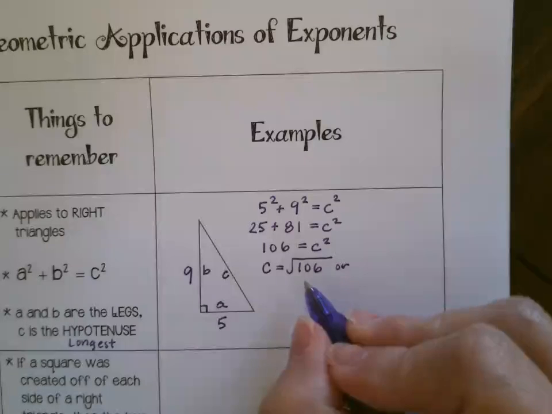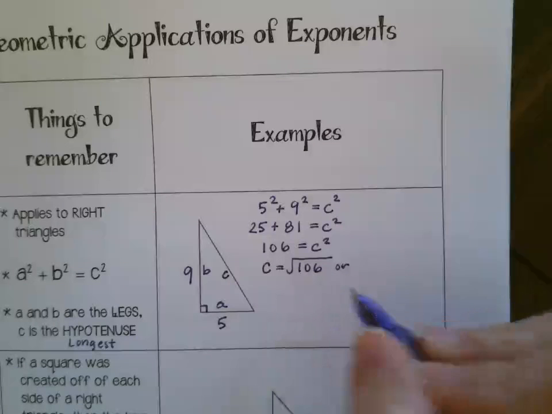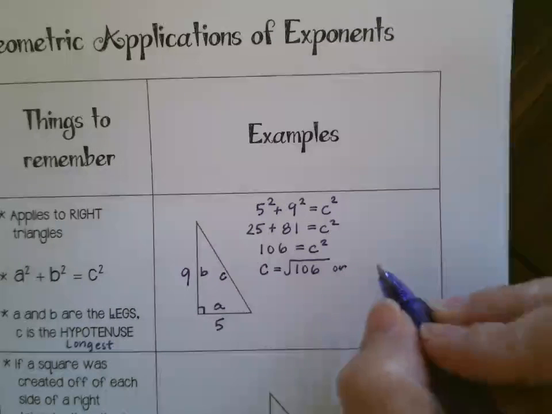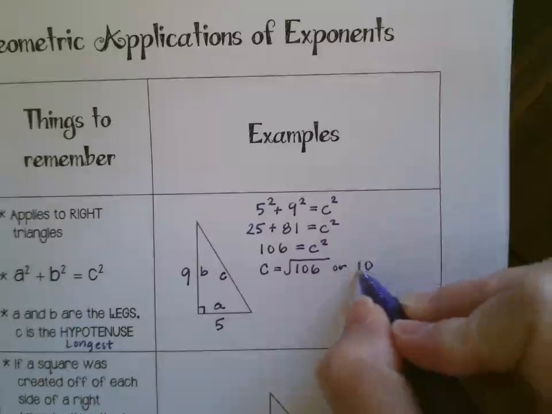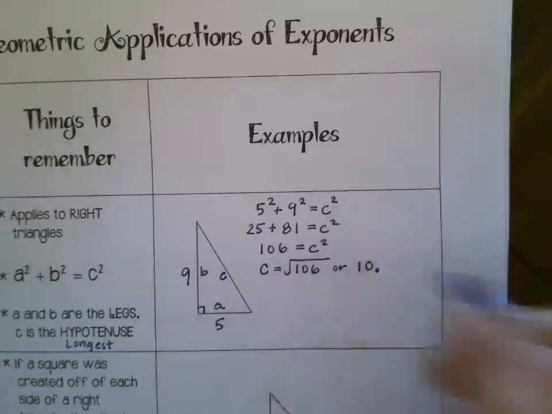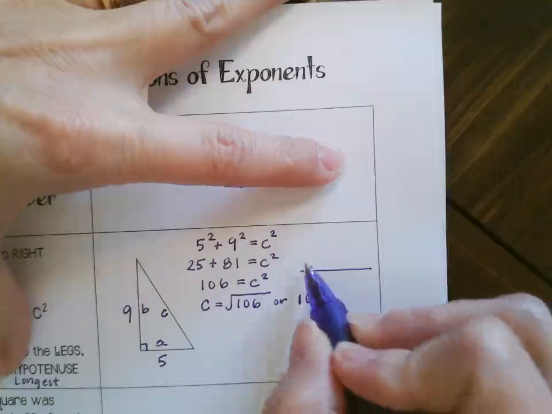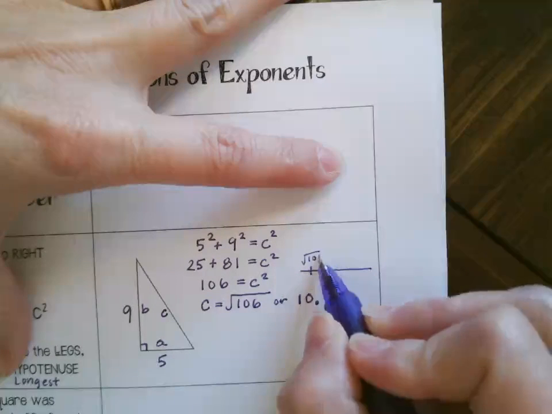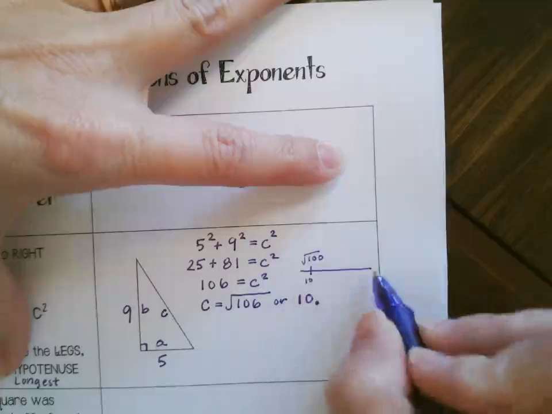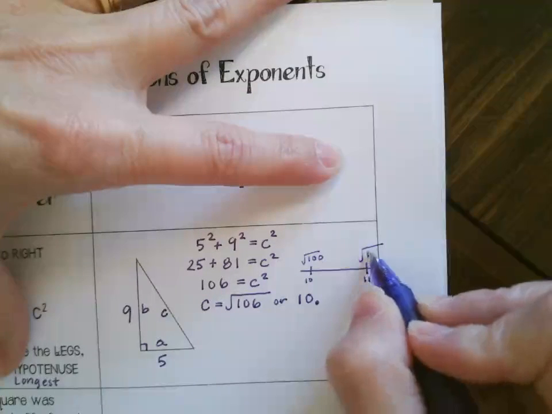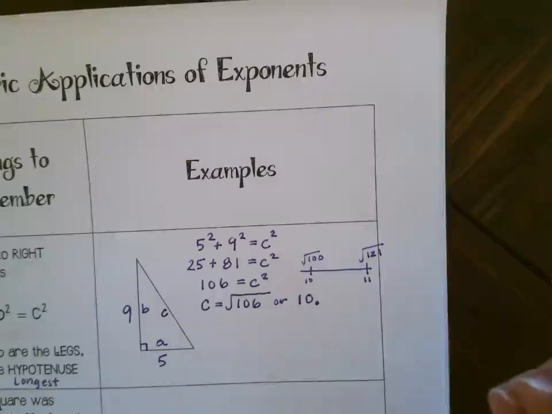What I know about the square root of 106 is that it's bigger than 10, but smaller than 11, so it's going to be 10 point something. Here is the square root of 100, which would be 10, and here is 11, which would be the square root of 121.